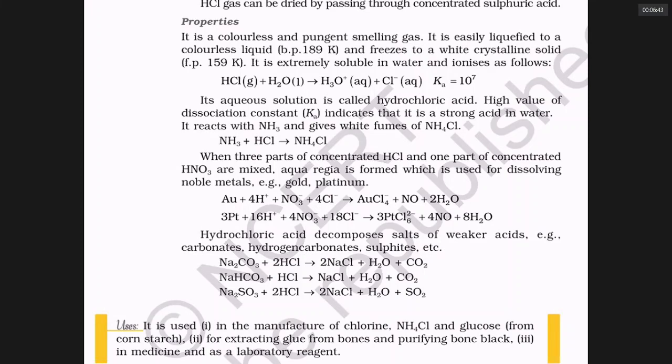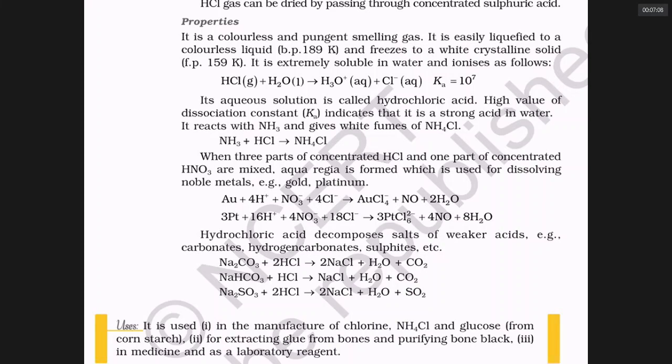Gold and platinum are not soluble in any individual acid, but they are soluble in a 3:1 mixture of concentrated hydrochloric acid and nitric acid, called aqua regia. Notice in aqua regia you have 3 parts of HCl and 1 part of nitric acid.